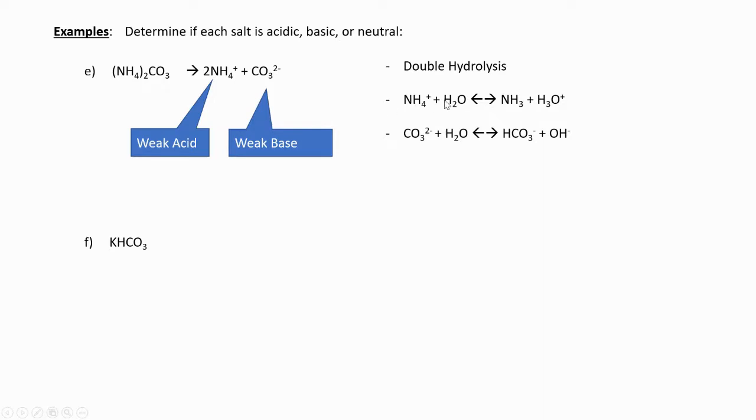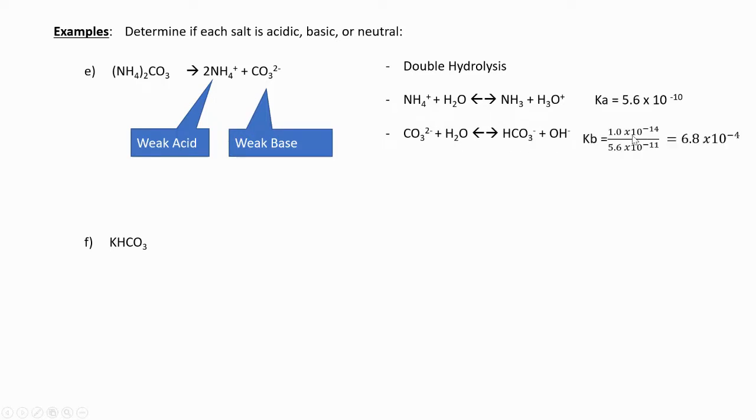So NH4 plus, we need to get the Ka. Ka, super simple. Just look at it on your table, 5.6 times 10 to negative 10. Our Kb, it's a little bit more difficult, right? So now we have to do our Kw divided by the Ka of our HCO3 minus, right?